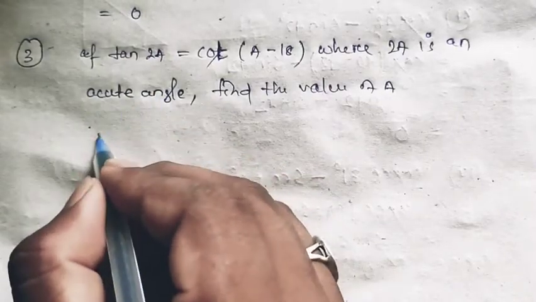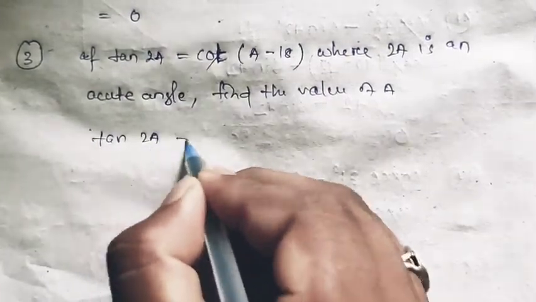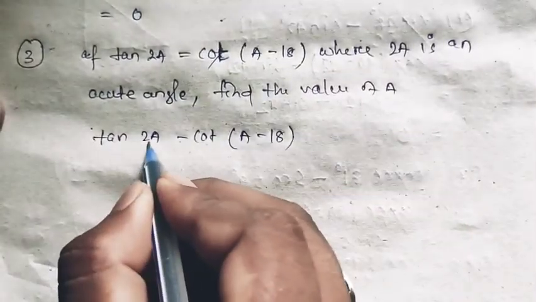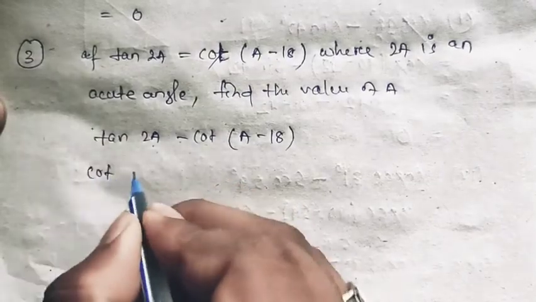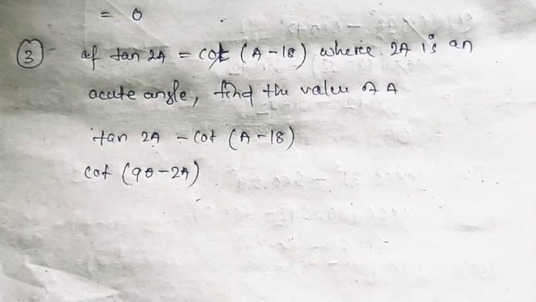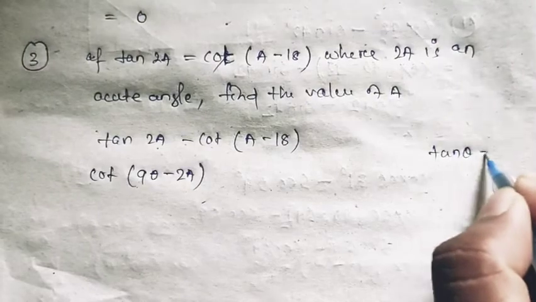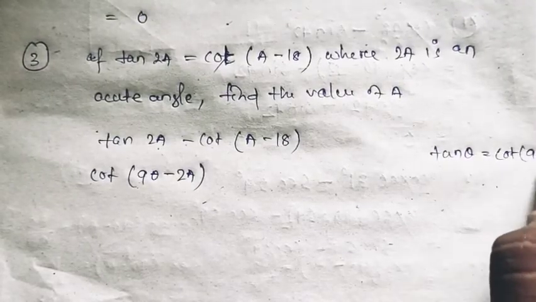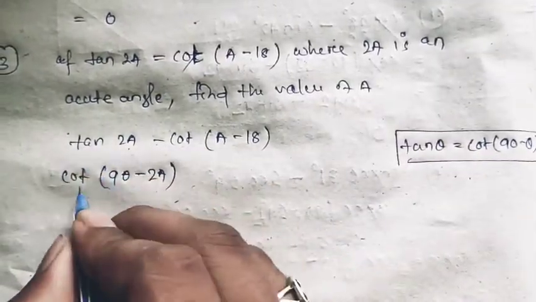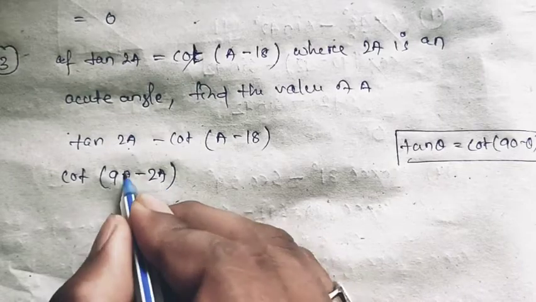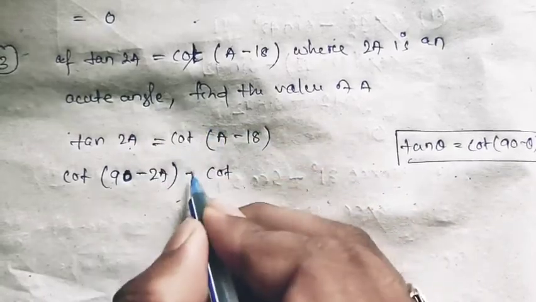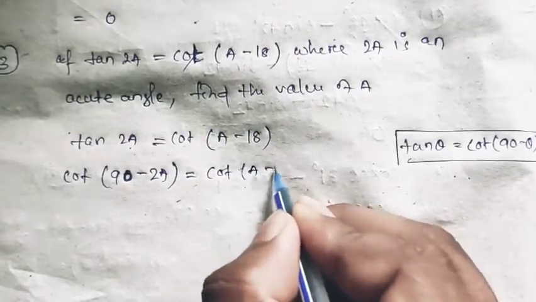What is given is that we have tan 2a equal to cot (a minus 18), right? So I can write tan 2a as cot (90 minus 2a), because we know that tan theta is equal to cot (90 minus theta). Applying this, tan 2a will be cot (90 minus 2a), which is equal to cot (a minus 18).